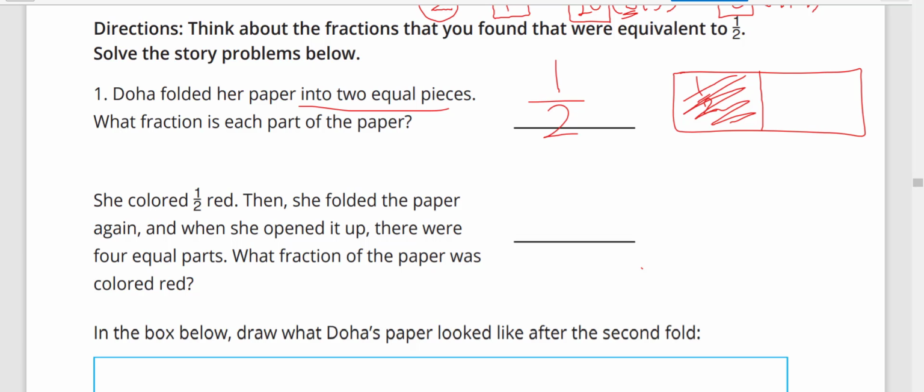Then she folded the paper again, and when she opened it up, there were 4 equal parts. What fraction of the paper was colored red? In the box below, draw what Doha's paper looked like after the second fold.